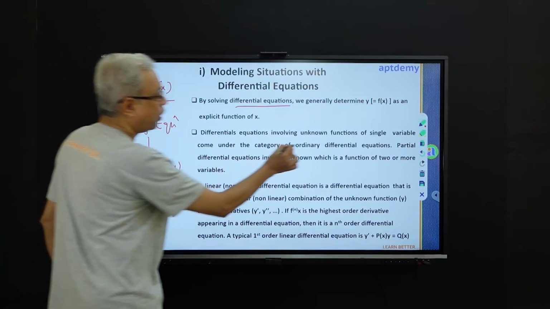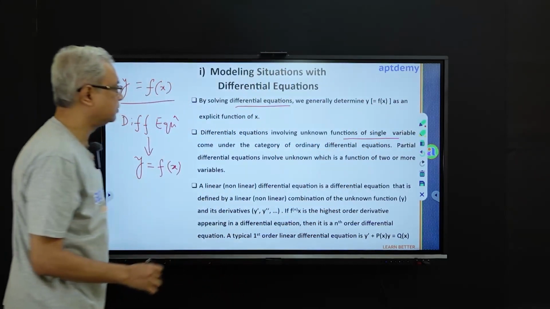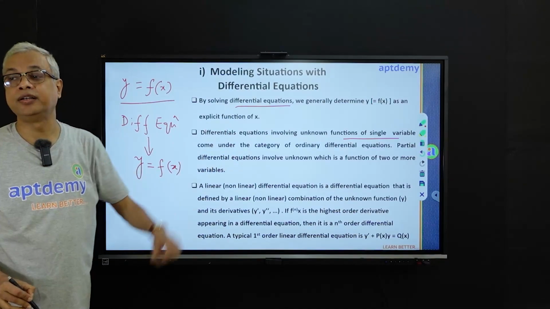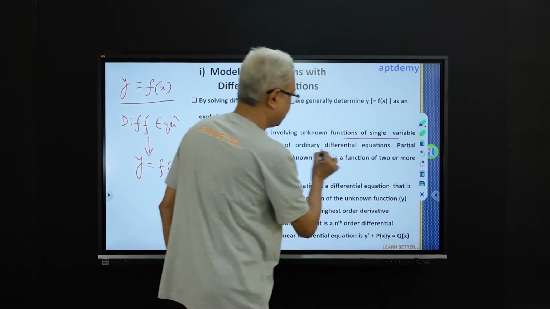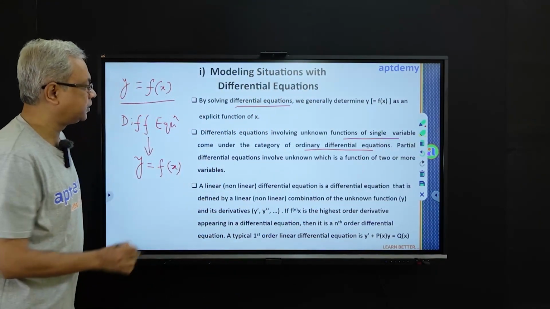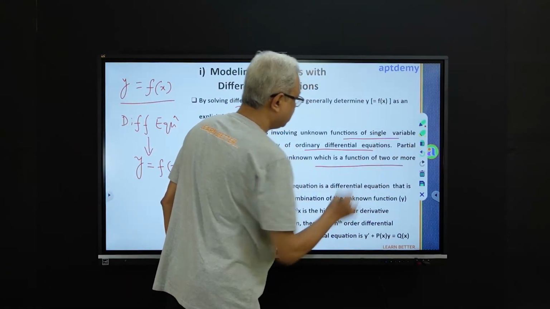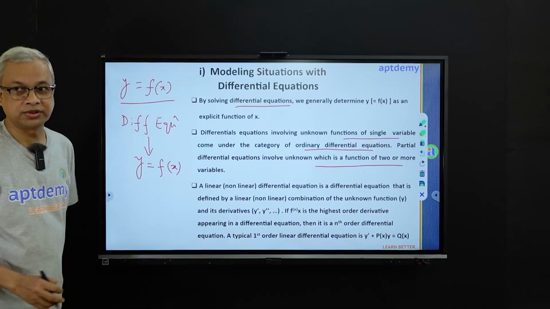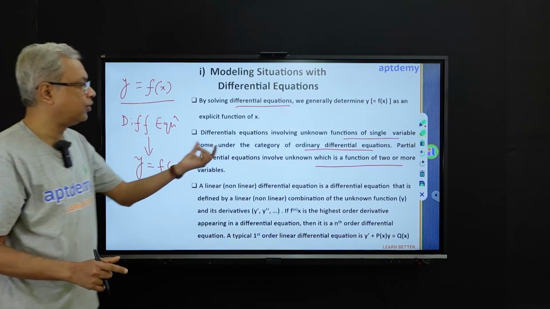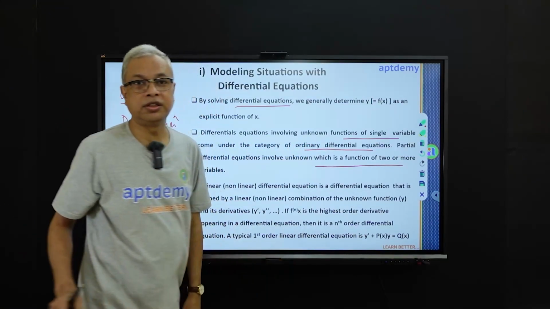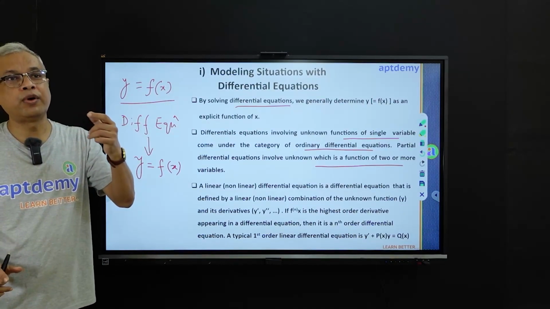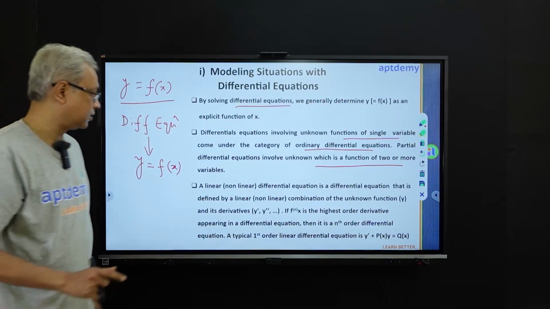Differential equations involving unknown functions of a single variable come under the category of ordinary differential equations, and partial differential equations involve unknown functions of two or more variables. In this course, we will only consider ordinary differential equations, where the unknown function is a function of a single variable x.